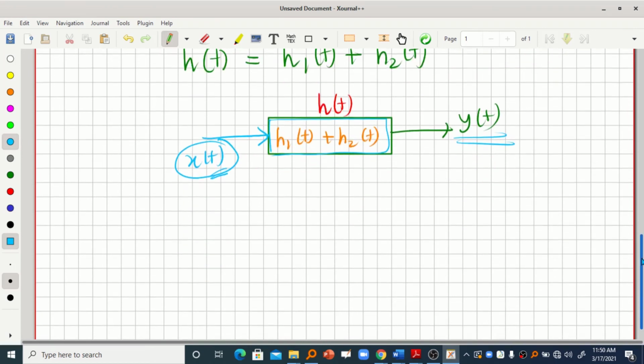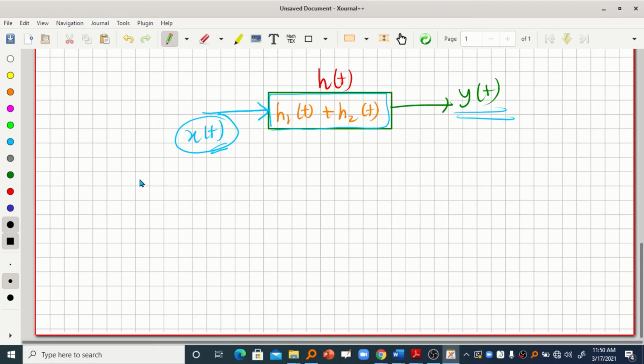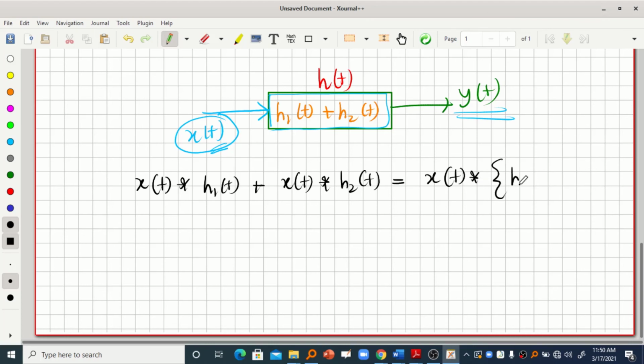So we can write two expressions here. One expression is x of t convolution h1 of t plus x of t convolution h2 of t. So this is the parallel connection representation, which is equal to x of t convolution the sum of h1 of t and h2 of t. So these two are equal.